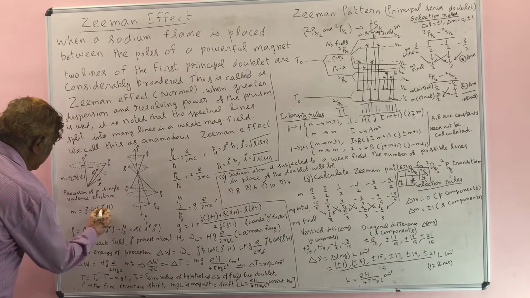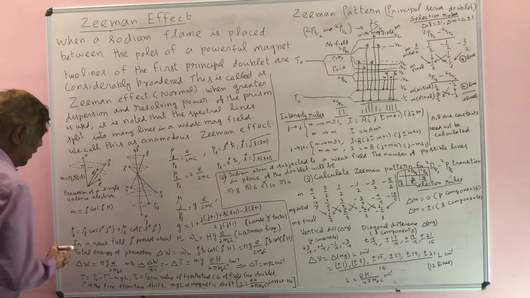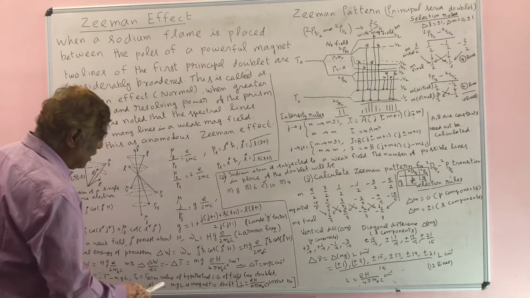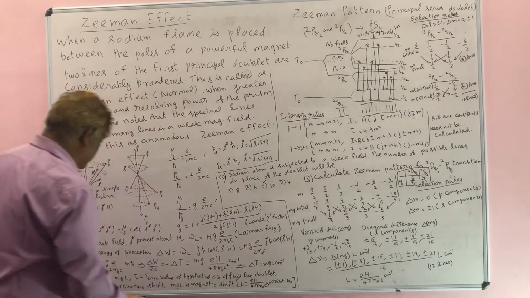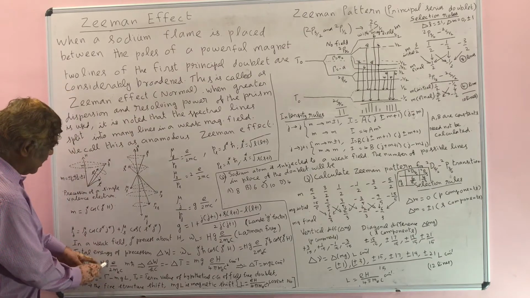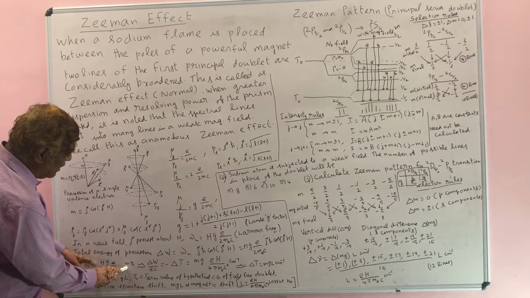This is equal to M, your magnetic quantum number. So you can replace this by M, and you will get H g by 2mc into M into H.